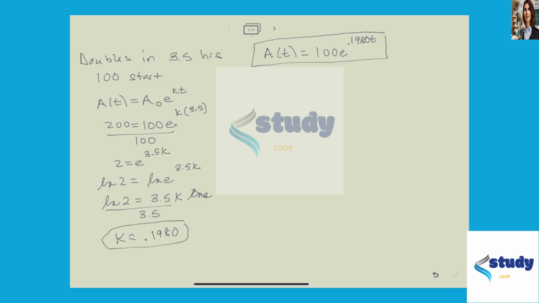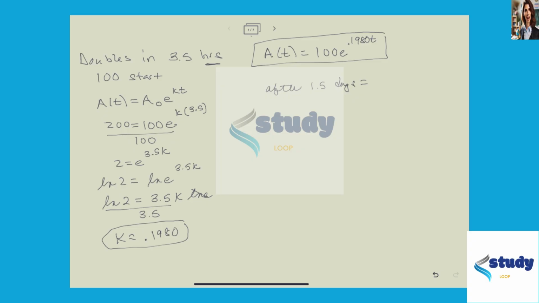Okay, that's part A. In B, I'm asked how many bacteria after 1.5 days. Okay, well, you have to understand that when we calculated our formula, we were working in hours. So the first thing I'm going to have to do is turn 1.5 days into hours.